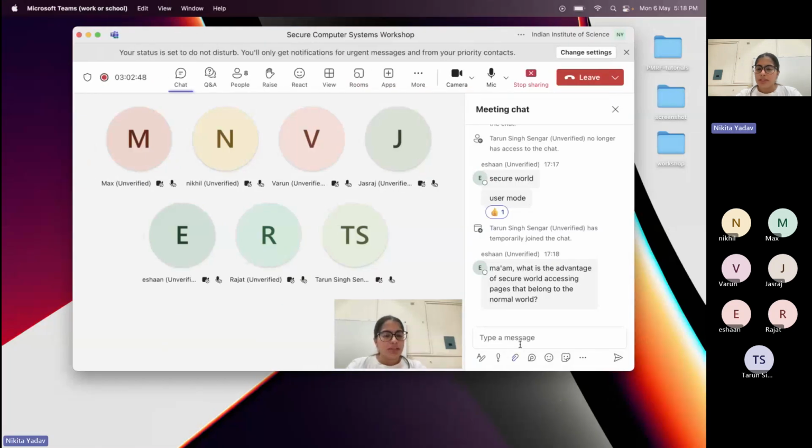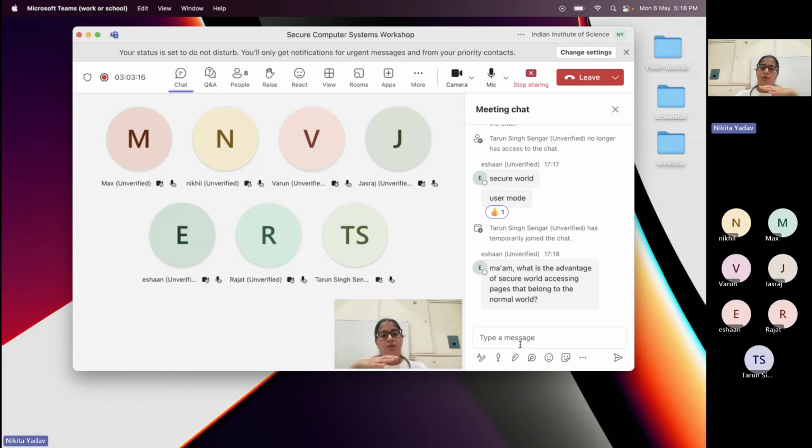Okay. What is the advantage of the secure world accessing pages that belong to the normal world? There can be different reasons for that. One of the reasons is that it enables the secure world to introspect the normal world.